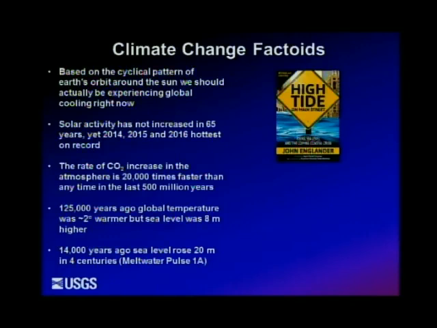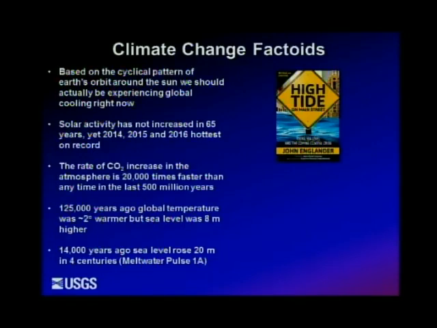And the other argument is that solar activity fluctuates over decadal time scales. But we are at the lowest solar activity in 65 years. And yet, the last 3 years have been the hottest on record. So easy to discount that one.